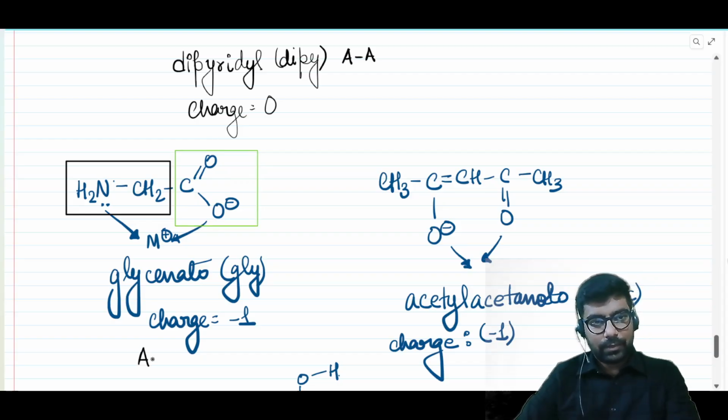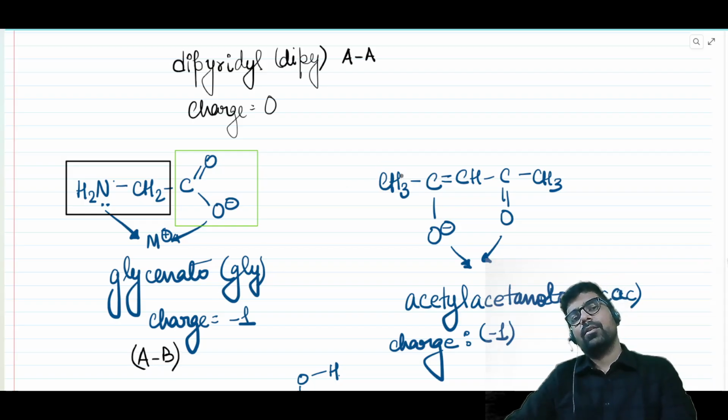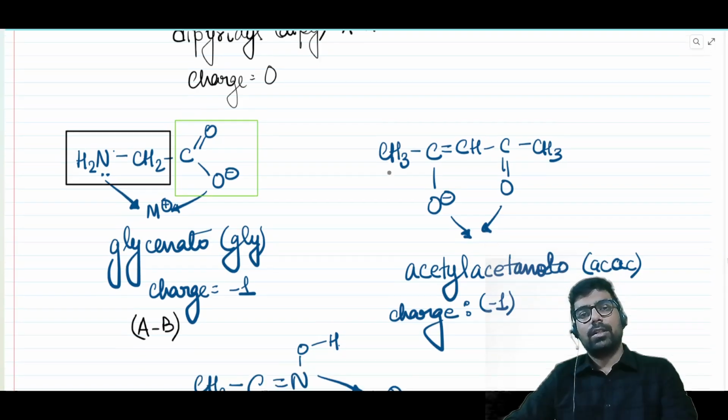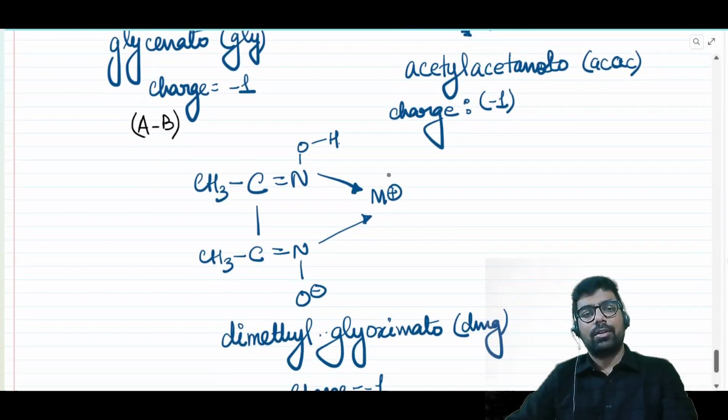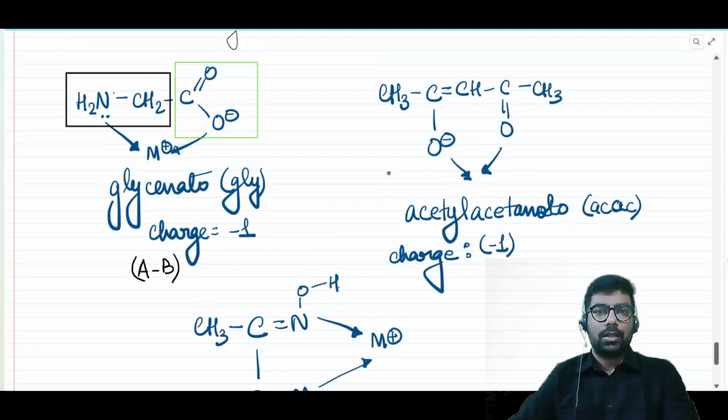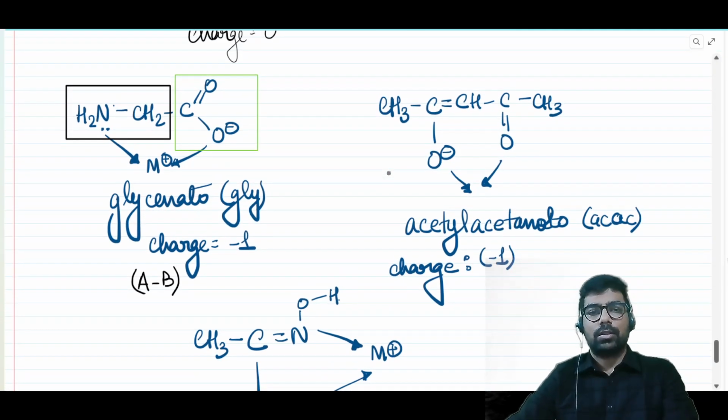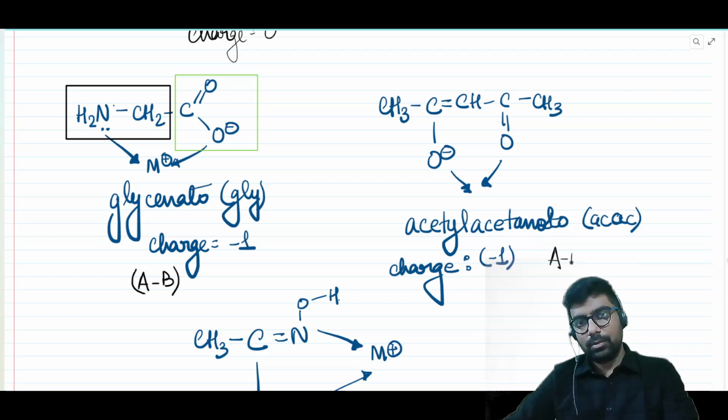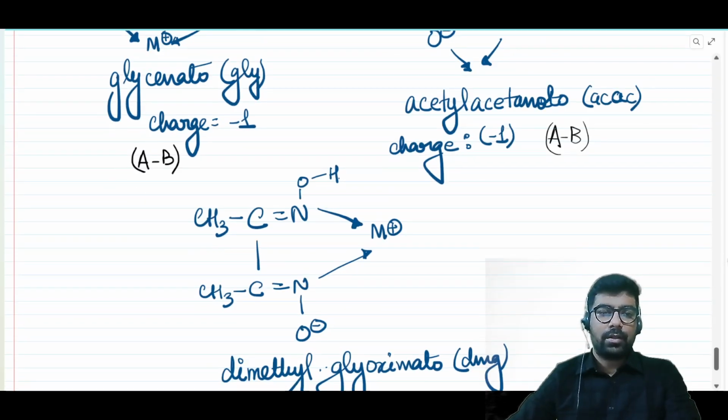All the blue molecules that I have drawn are AB type because the two parts are not equal. So acetylacetonato is also an AB type molecule, and DMG is also an AB type molecule.